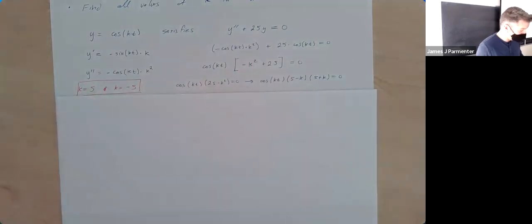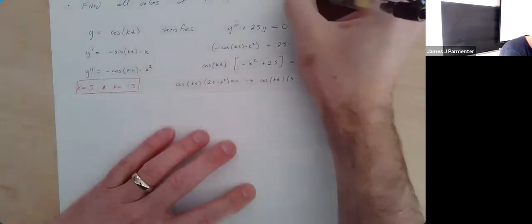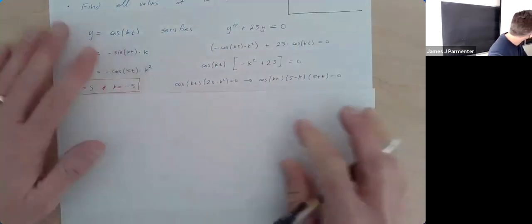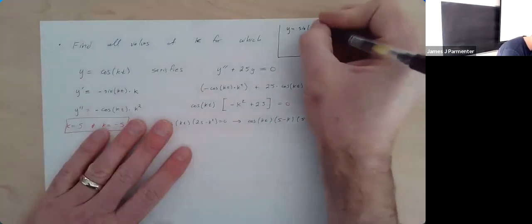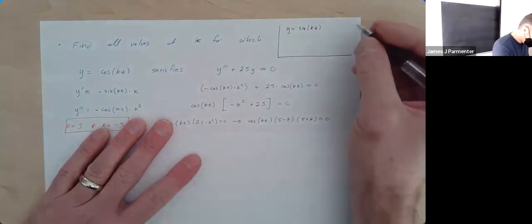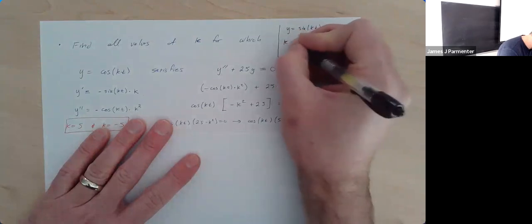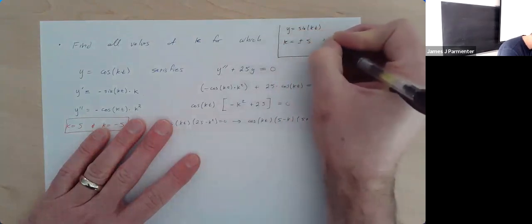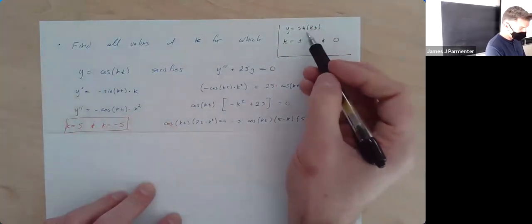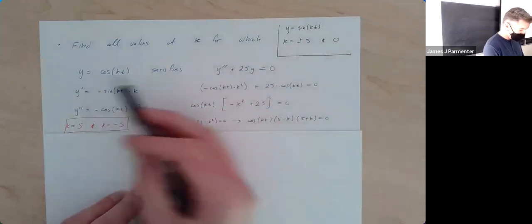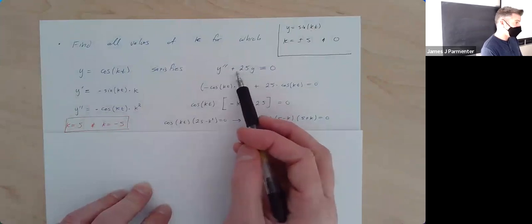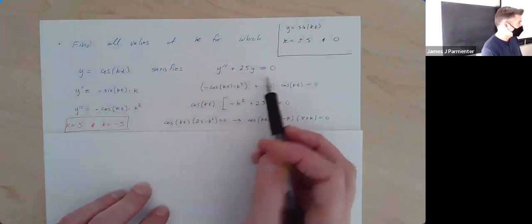But I should also mention that if we were doing y equal to sine of kt instead, which is also a solution to this differential equation, I believe your values of k would be plus or minus 5 and 0. Because if k equals 0, sine of 0 is 0, and y equal to 0 is definitely a solution to this differential equation. 25 times 0 plus the second derivative of 0 is still 0. 0 plus 0 is 0.